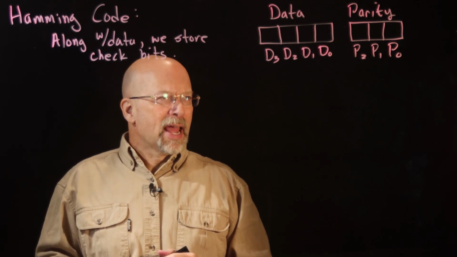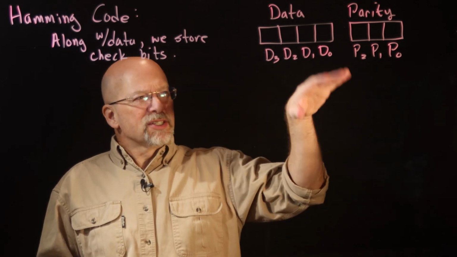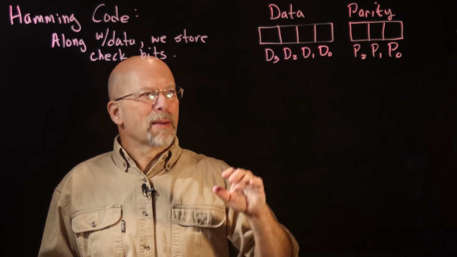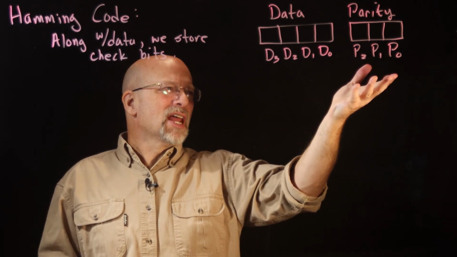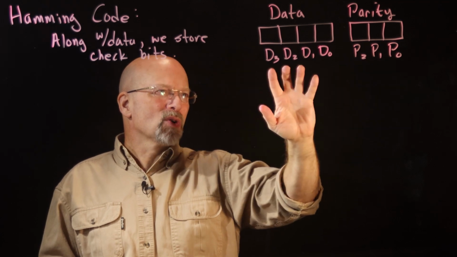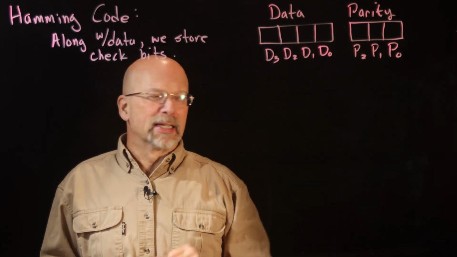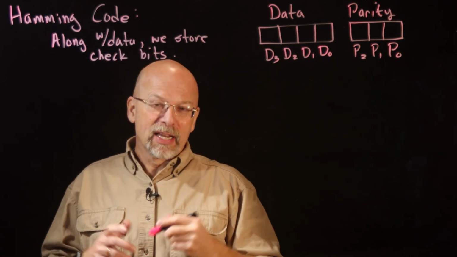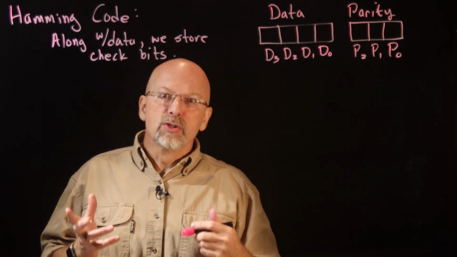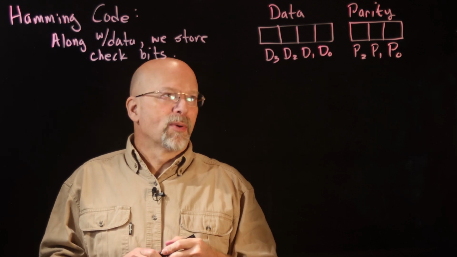All right. Now, whenever we do this computation, what we'll do is generate these parity bits based on different groupings of the data bits. For example, remember I said that even parity is generated with the exclusive OR operation.